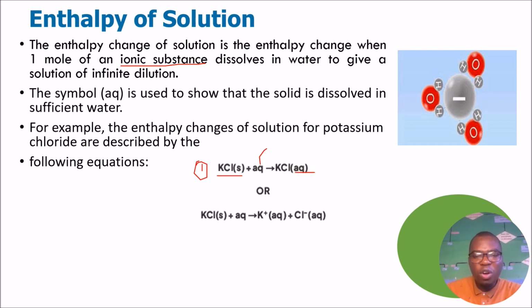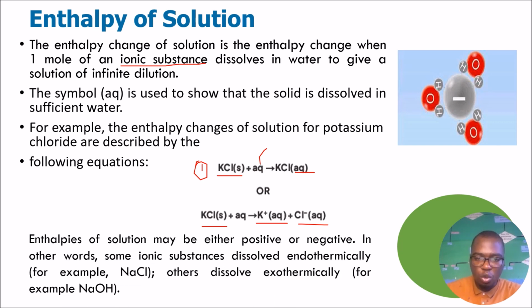Or you show the dissociated form, where KCl solid, you add water, and then you say K+ (aq) and Cl- (aq). So this is the dissociated form. Either way is accepted, provided you know what you are doing.